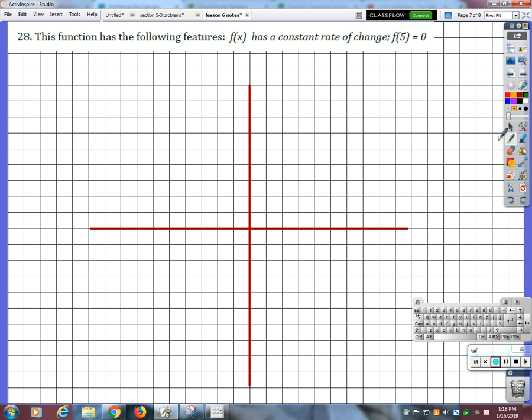So f of 5 equals 0. 1, 2, 3, 4, 5. So that's 0 right here. So for this one, I just have to draw a straight line that goes through that point. So up or down, or what do you guys want? Up, okay.